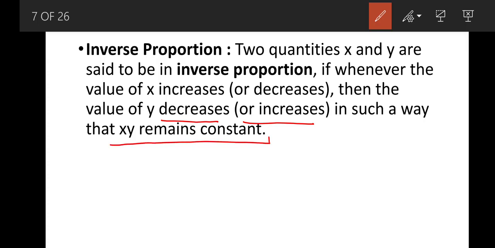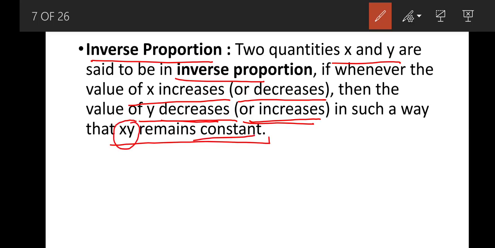So, two quantities x and y are in inverse proportion when the value of x increases but the value of y decreases. If the value of x is decreasing, the value of y should increase. Then these two quantities are said to be in inverse proportion, and one more important thing is that their product should remain constant.